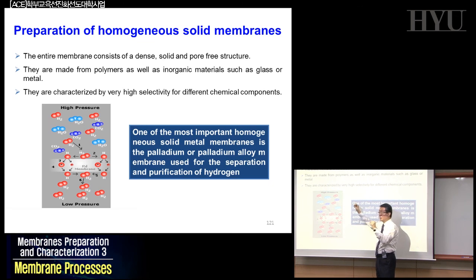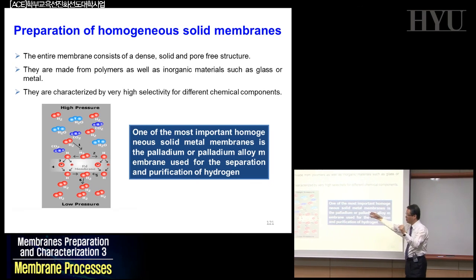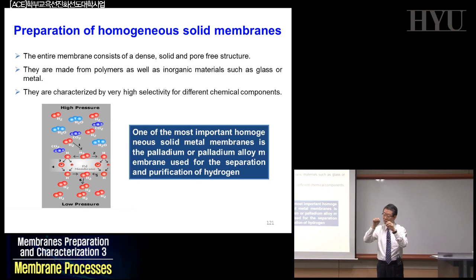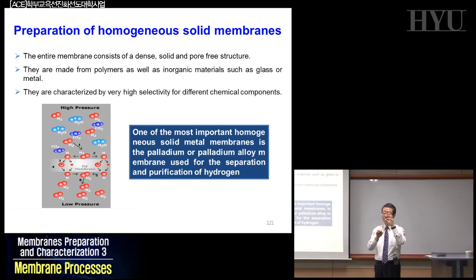You have CO2, you have CO and hydrogen. Hydrogen is much smaller in size, like 2.8 angstrom, whereas CO is about 4 angstrom or something like that. CO2 is about 3.3. So you can have hydrogen coming out from your membrane, possibly.